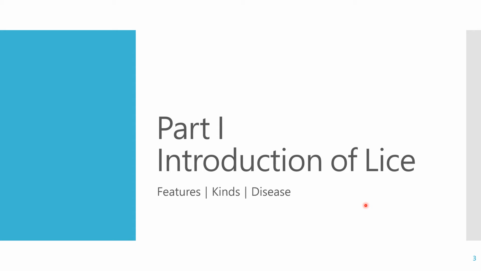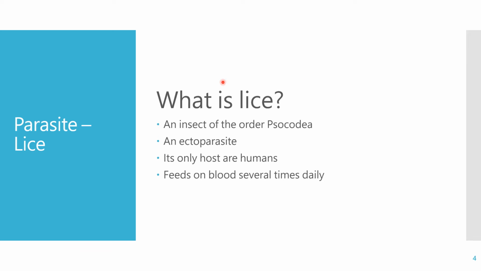Part 1. Introduction of lice. What is lice? How many kinds of lice? What are the symptoms of disease? Lice is an insect of the order Phthiraptera. That's for biology.